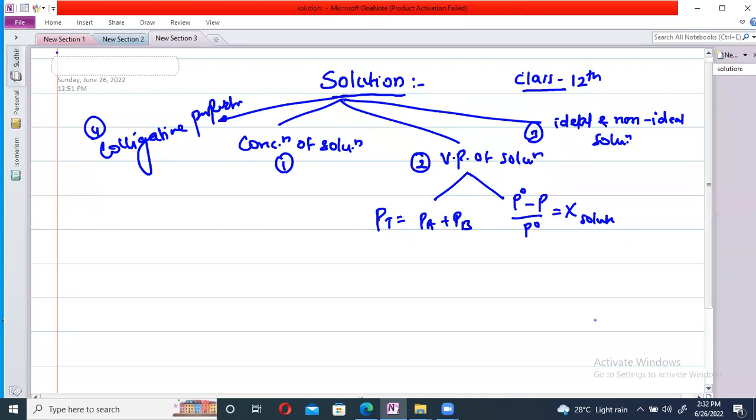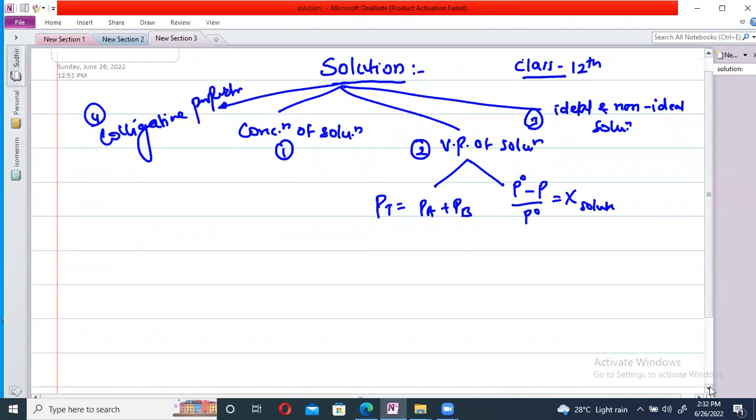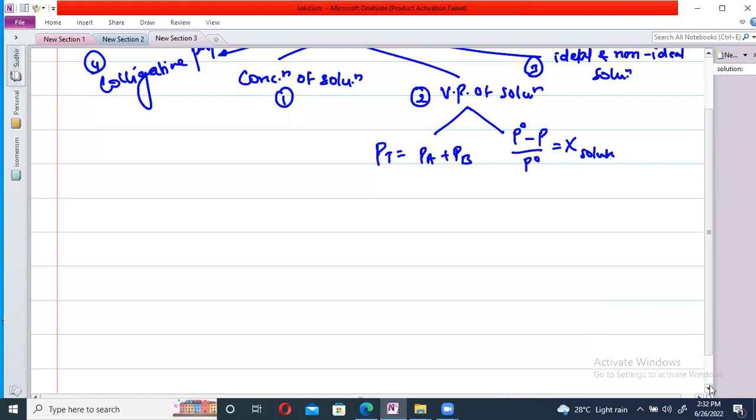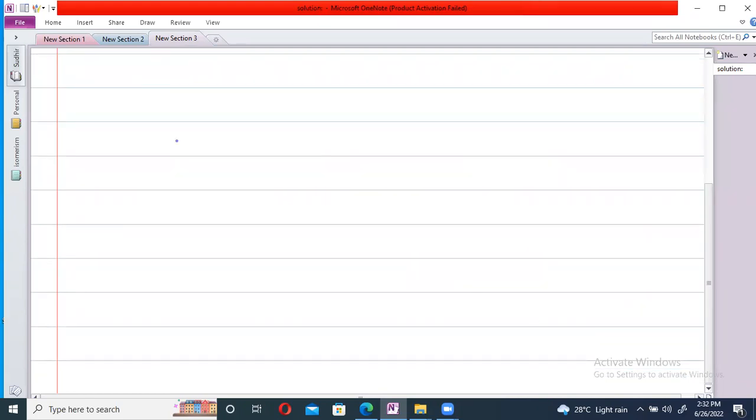Now in this class, I am going to discuss with you the types of concentration of the solution. There are certain methods to express the concentration of solution, so let me explain the methods to express the concentration of solution.